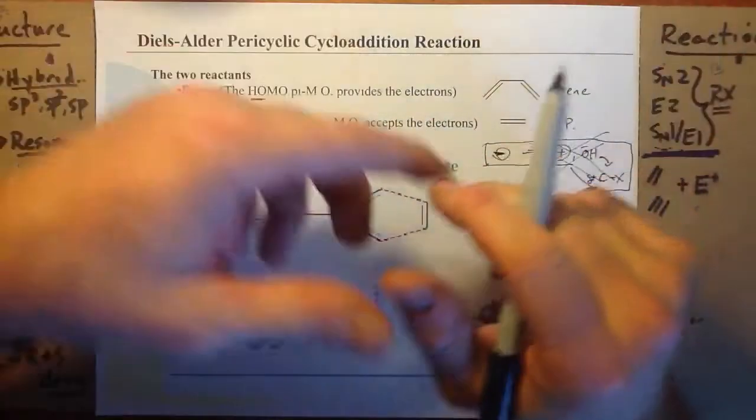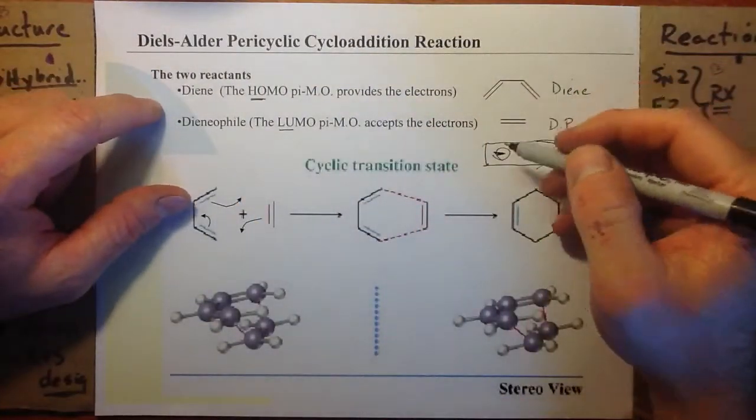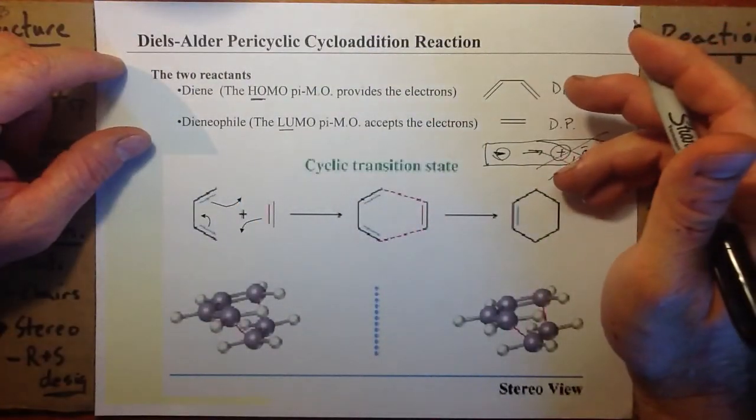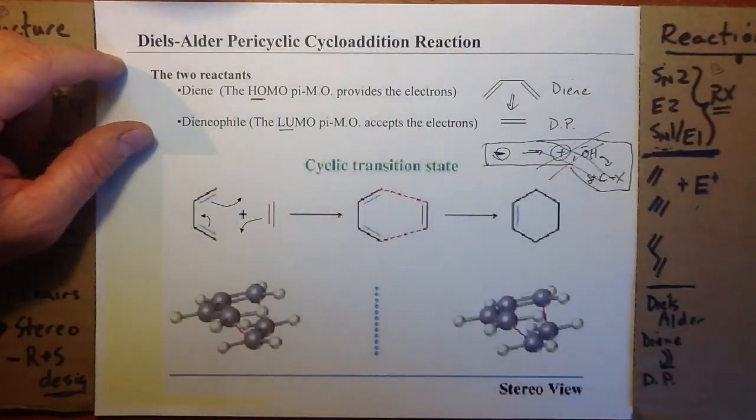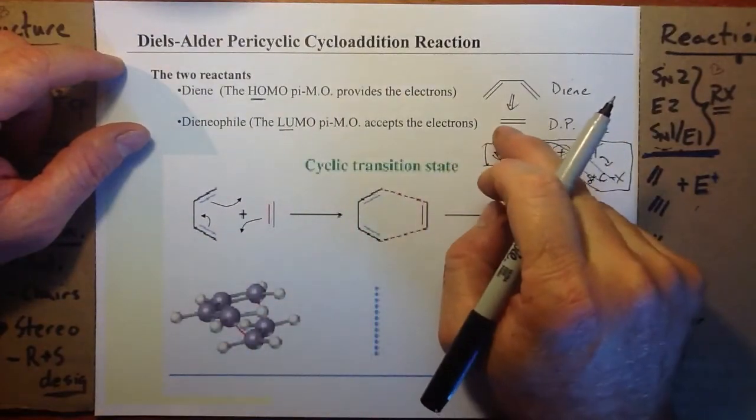So we typically in textbooks show just one of those two. So I'm going to do that. Also, I'm going to show the diene in a sense, bringing it to the dienophile.